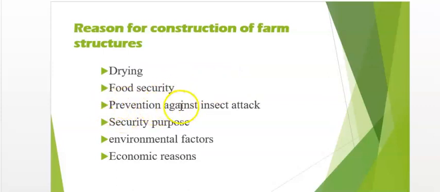We have prevention against insect attack. So people construct storage facilities to prevent the produce from being attacked by insects. We have for security purposes. This is to prevent theft. We have environmental factors. Then we have economic reasons.